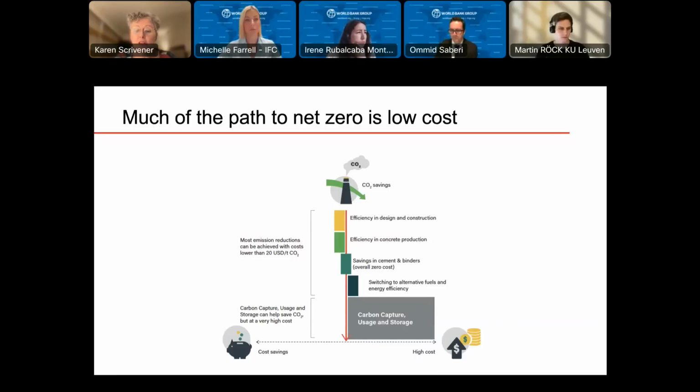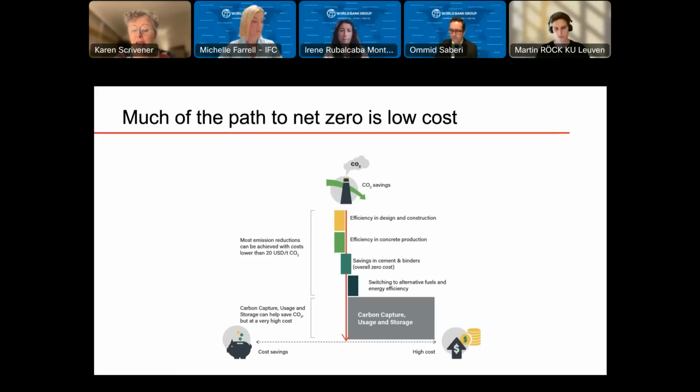So with this, we see here the possibility to combine all these effects. And these first ones I've talked about, more efficient design and construction, more efficient production of concrete, savings in concrete and binders, these are all solutions which can potentially save money. And as I said, we potentially have savings of up to 80% through these different possibilities.